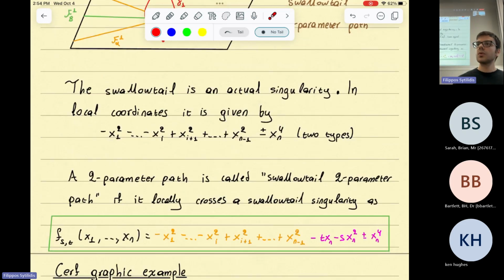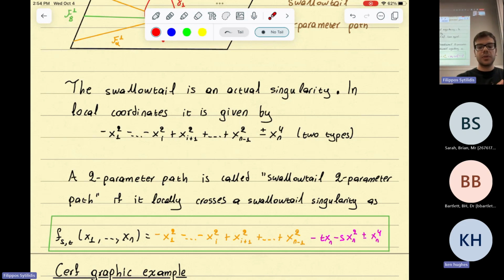So in the local chart, it looks exactly like this. Yeah, because with our non-degenerate critical points in the local chart, they got up to quadratic. Exactly. For birth-death they got up to cubic. Exactly. So now we have a higher one.